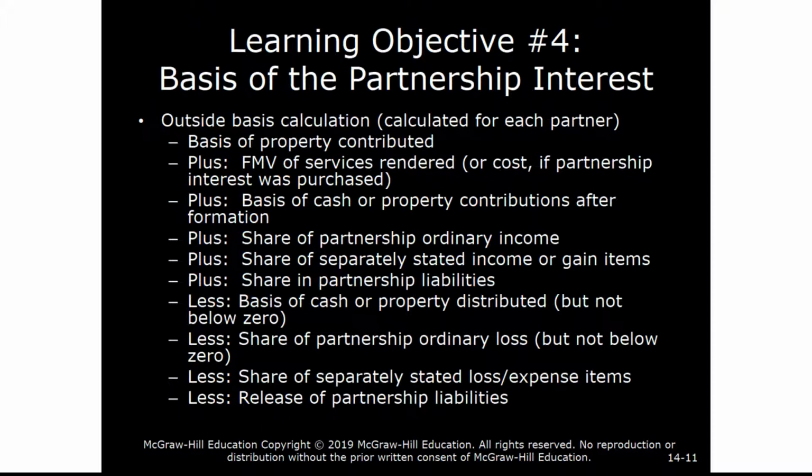So if the partnership doesn't do very well and they lose money, then that would count as a reduction against the individual partner's basis in the partnership. The partner's share of any separately stated loss items and expense items like Section 179 would be a reduction in basis, as would any release of partnership liabilities.